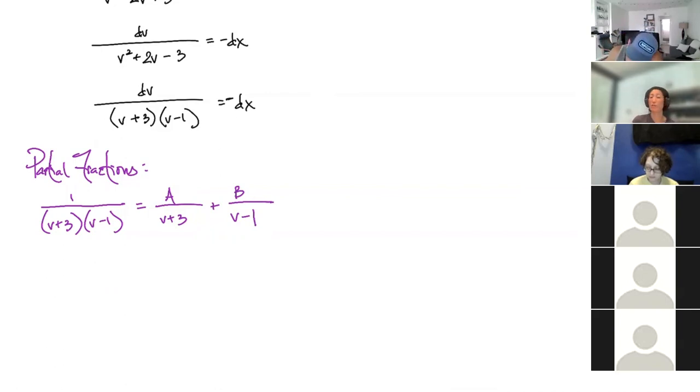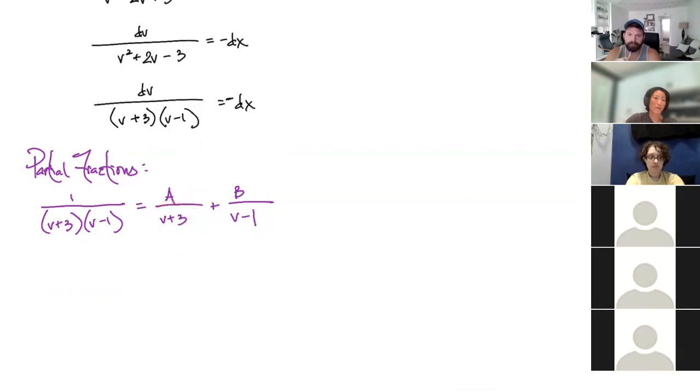But as we get into more complicated partial fractions, I just want to plant a seed that that numerator won't always just be a constant. Sometimes we'll have something like ax plus b or cx plus d, okay? And so it's not always just going to be a letter. It is in this case because our numerator should be 1 degree less than our denominator.